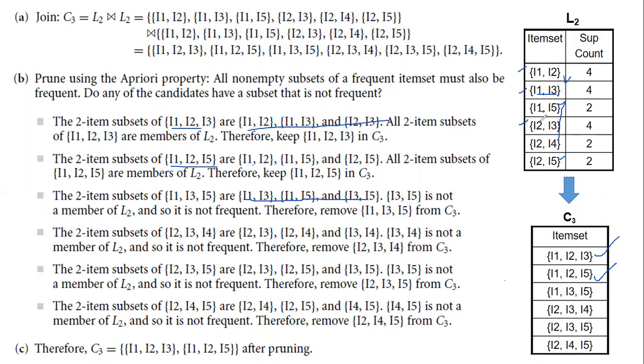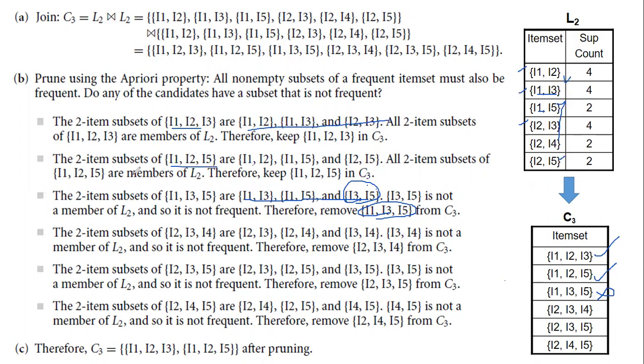But I3, I5 is not there in the L2. This subset is not there in the L2. So according to the a priori property, if the item set is not frequent, the superset is also not frequent. So we will not consider I1, I3, I5 as a candidate of 3. This will not be considered.